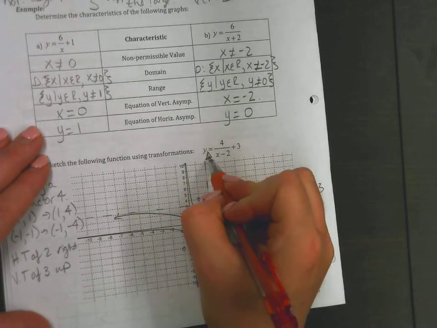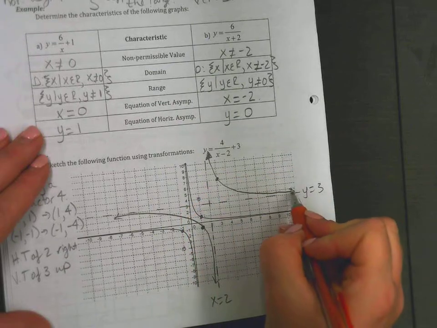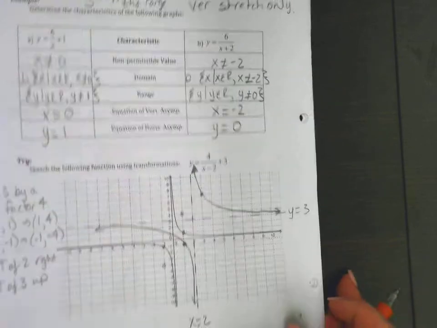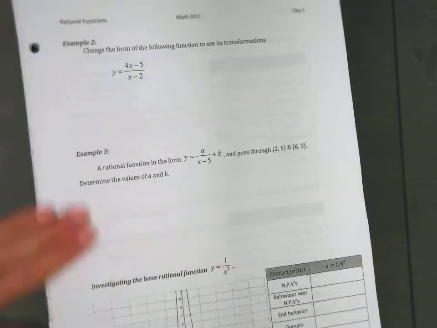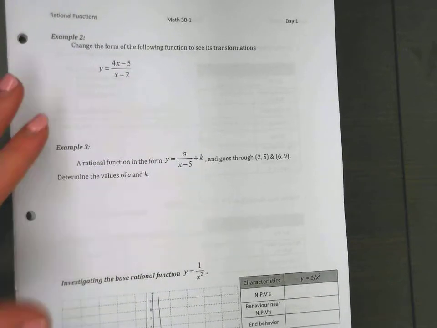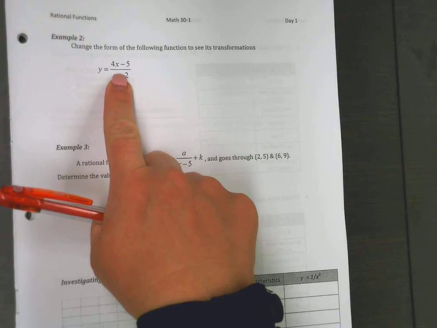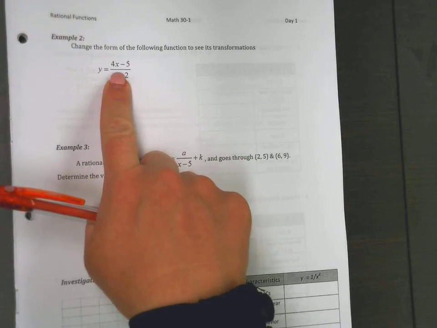All right, the tricky part is quite often you're going to be given a rational function that is in this form. Okay, and in order to be able to talk about the transformations, you're going to have to change it into this form, the form that we just worked with.